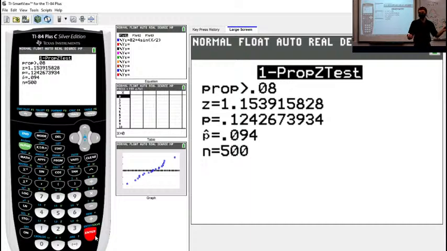P hat is what you get from your sample, which in this case was the 47 out of 500. The p-value is the probability that we get out of step 3, the final calculation that we use to reject or fail to reject the null hypothesis.